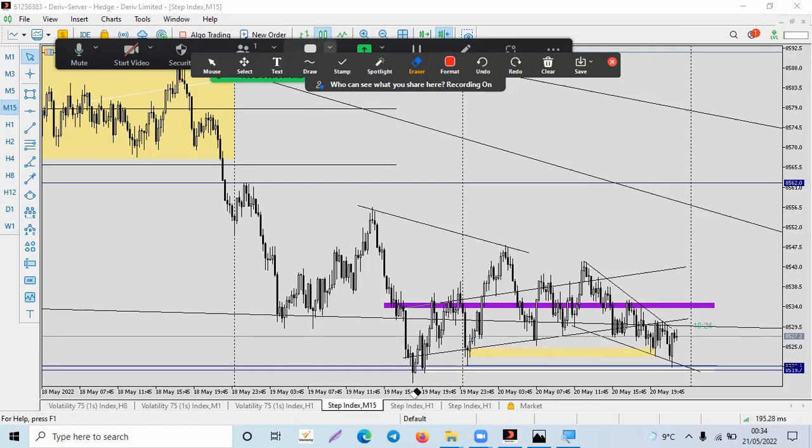And also what I noticed, look at the structure. This is what was happening.